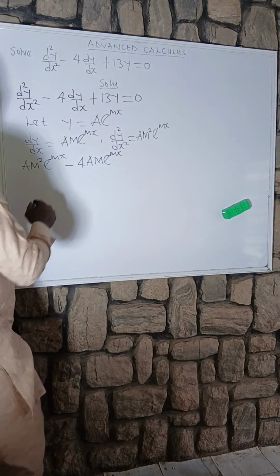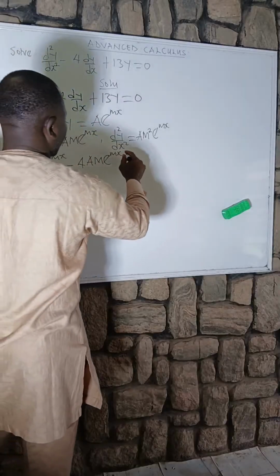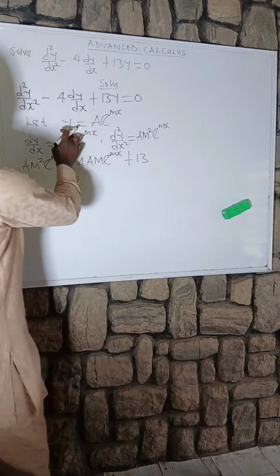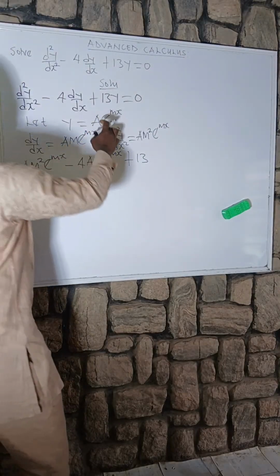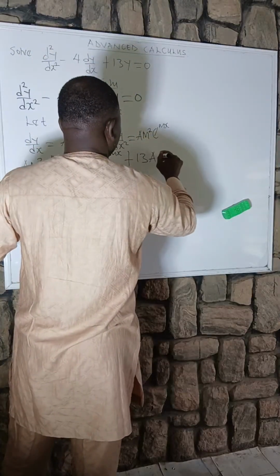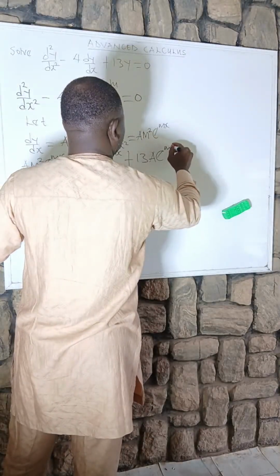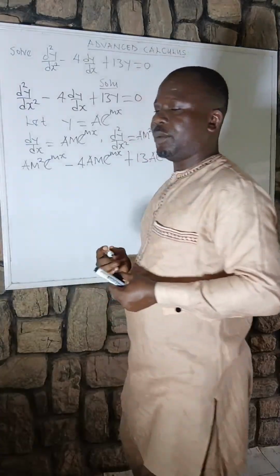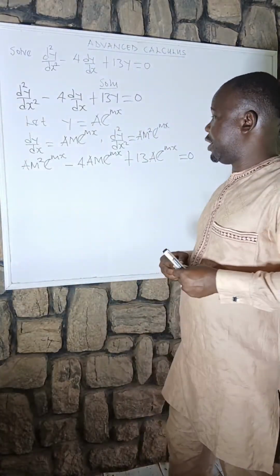Then plus 13 times y, and you said let y equal a exponential mx, equals 0. Do you agree with me up to this point?